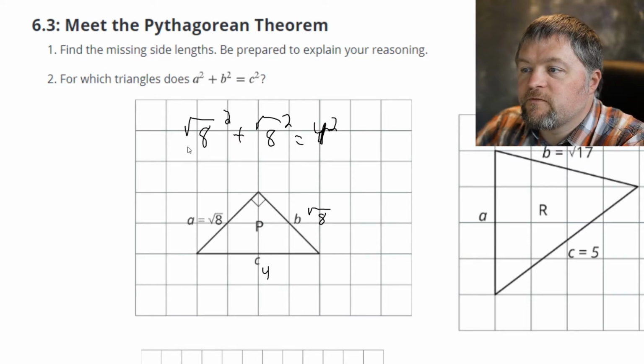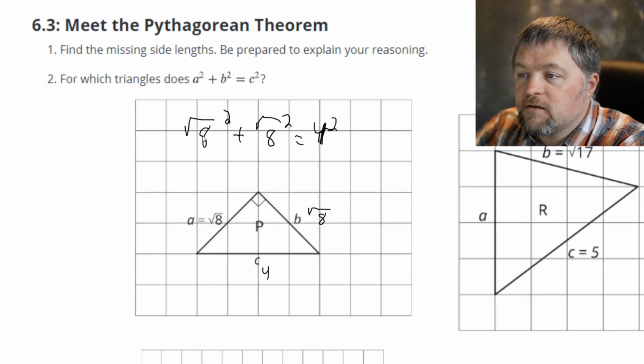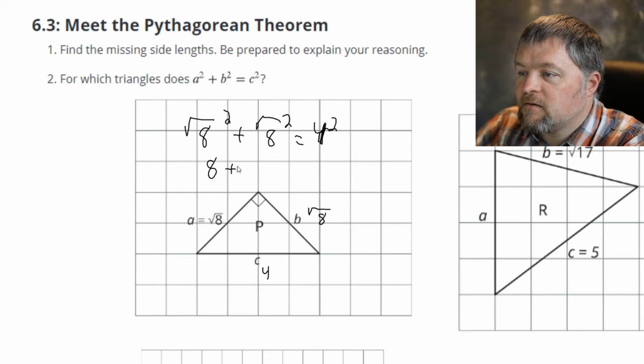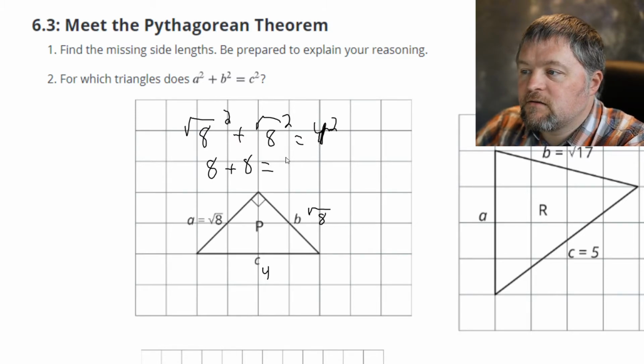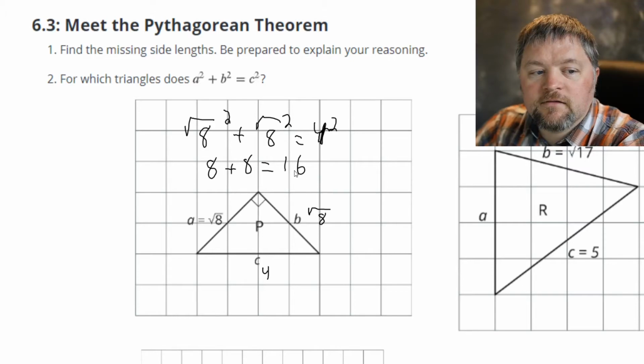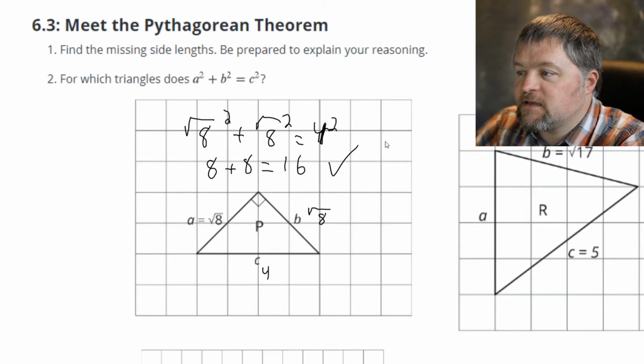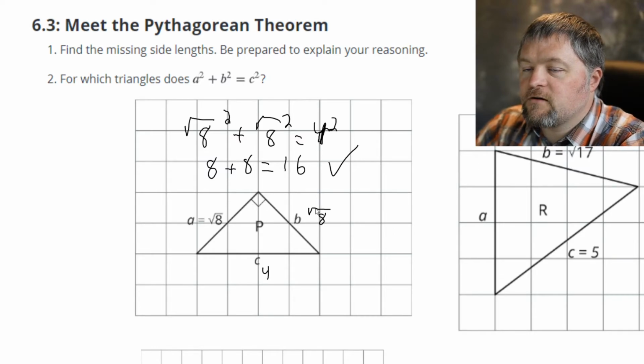Now, squaring and square rooting are inverse operations. The square root of 8 times the square root of 8, those will cancel out. That is just 8 plus 8 equals 4 squared, which is 16. 8 plus 8 is 16. This one works. A squared plus B squared equals C squared.